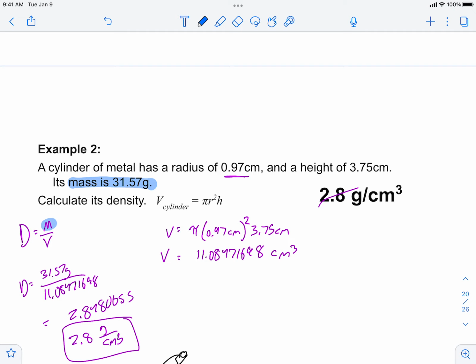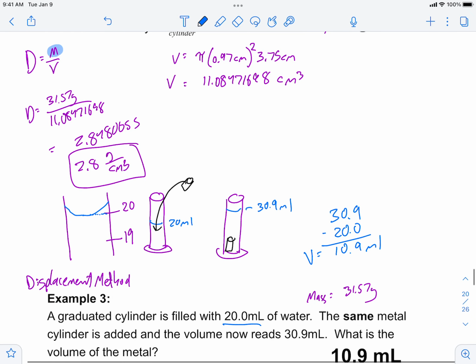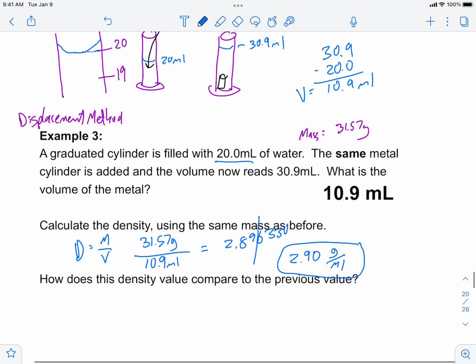And that's why our answer is 2.8 grams per cubic centimeter. Using this method, we were able to get 3 sig figs, because we were able to get a volume with 3 sig figs, and the 3 sig figs was retained as we carried out the calculation. So, how you measure initial data will have ramifications later to the outcome of a problem.